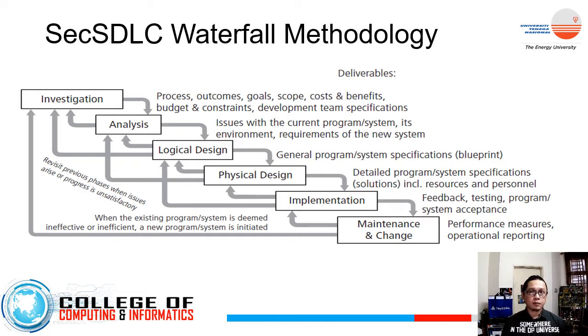So this can begin from that very simple policy implementation. And is that policy being understood by your target audience or target group? So it can begin from the investigation. Currently, how is people reacting to the current security policy or current security measure? Is it being understood or is it properly implemented?